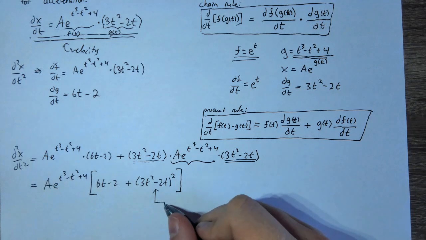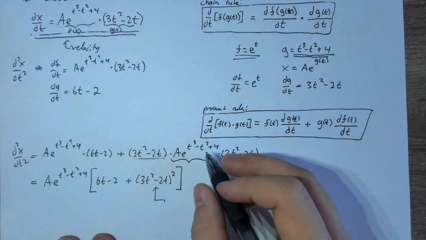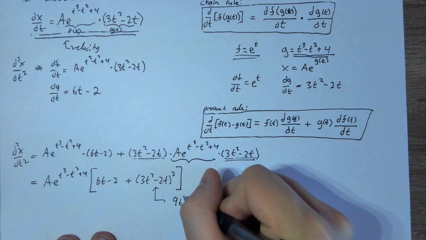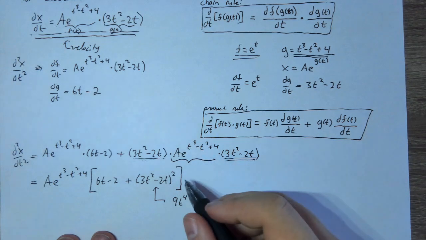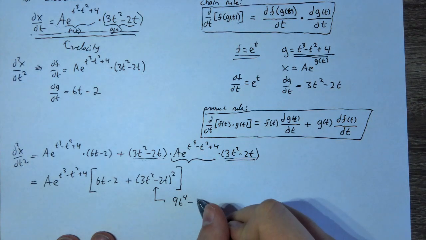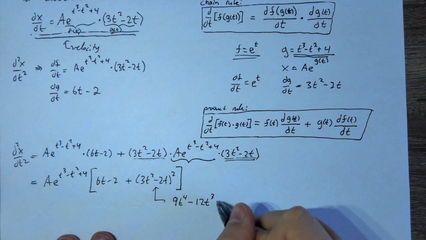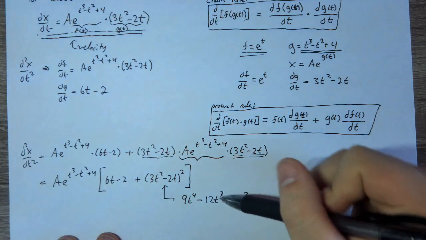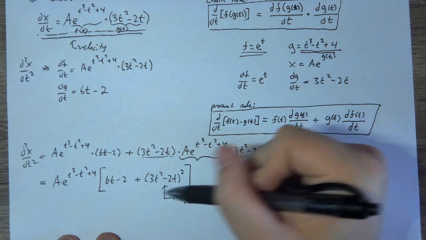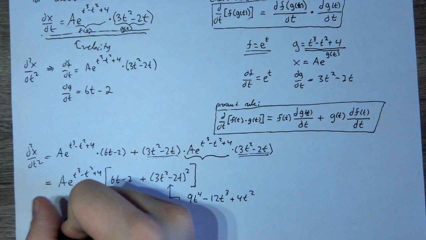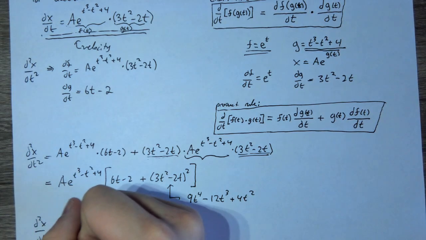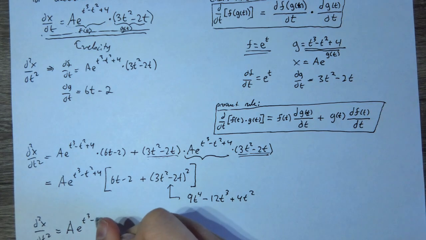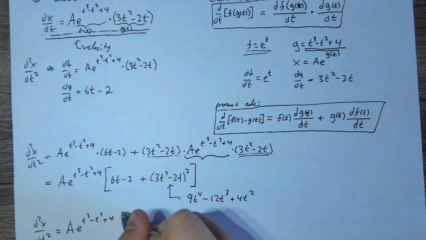And then I'm going to just expand this out. So multiply them into each other, which would give you 9t to the power of 4 minus 12t to the 3 plus 4t squared. Then you can put that in for this, and that will give us our final answer. So that's a e to the t cubed minus t squared plus 4.